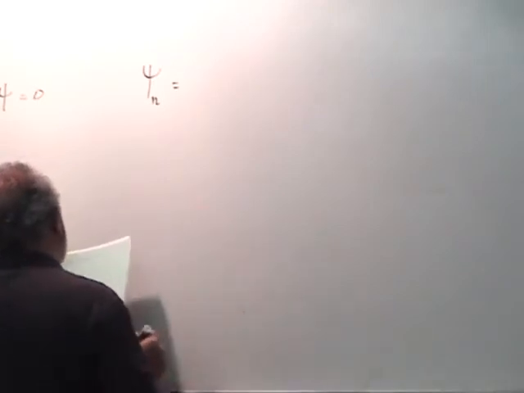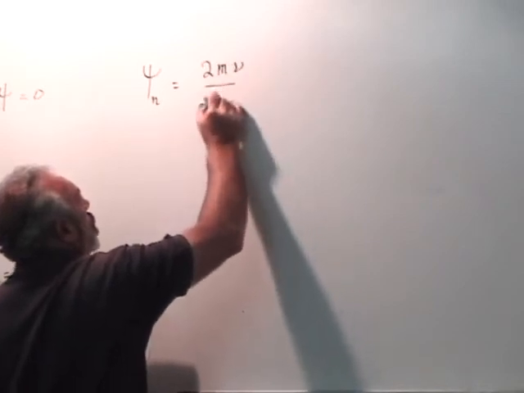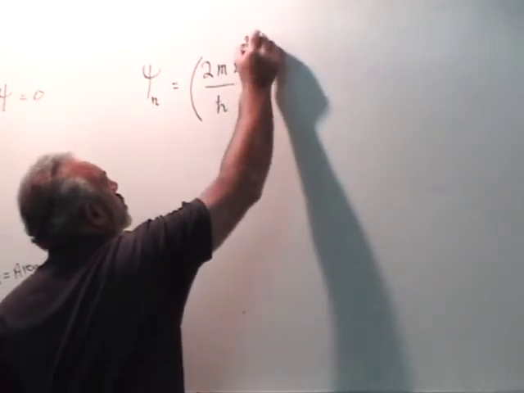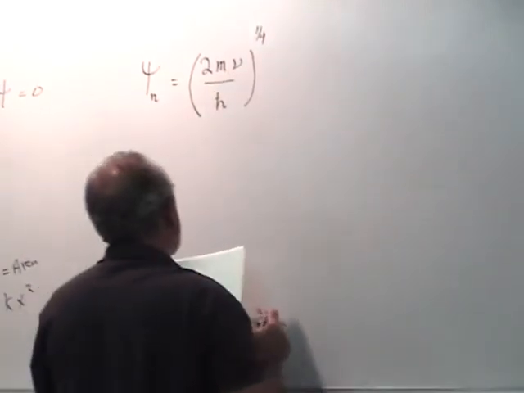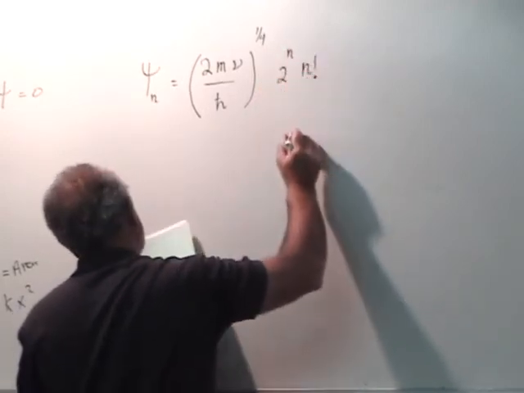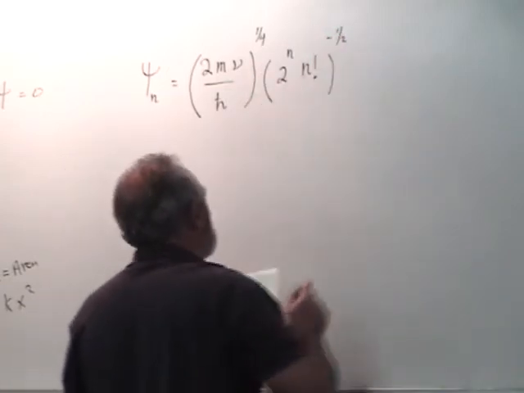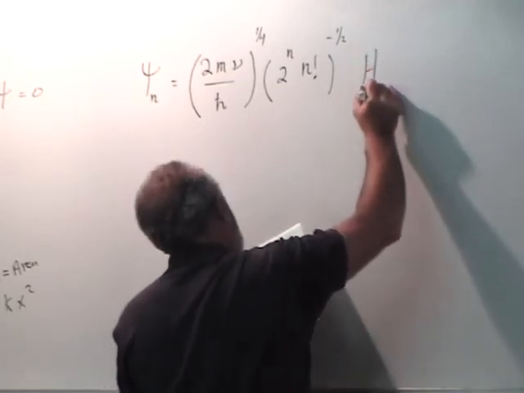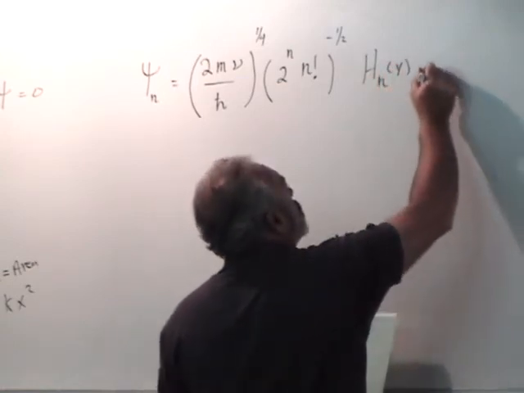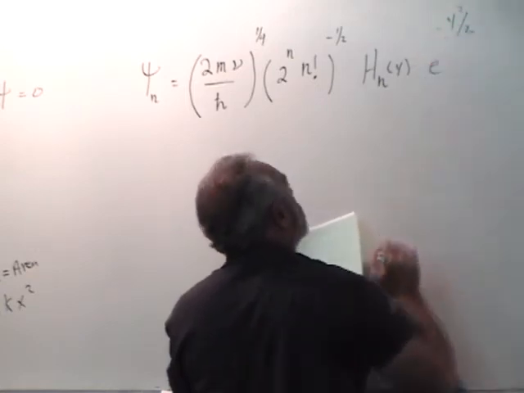The answer is 2m nu over h bar raised to the 1/4 power, times 2 to the n times n factorial raised to the -1/2 power, times the Hermite polynomial H sub n in terms of y, which then is multiplied times e to the minus y squared over 2.